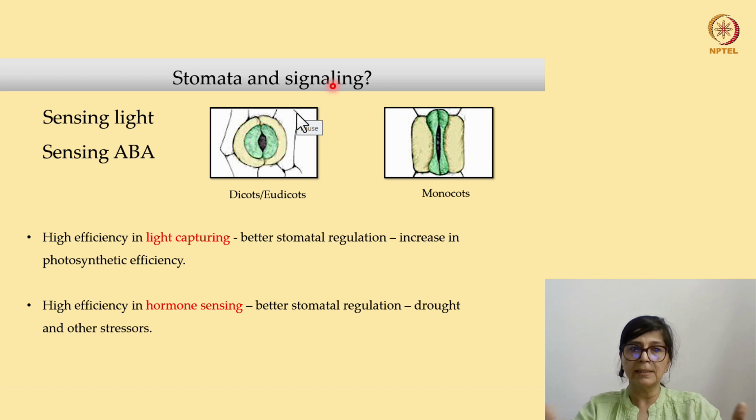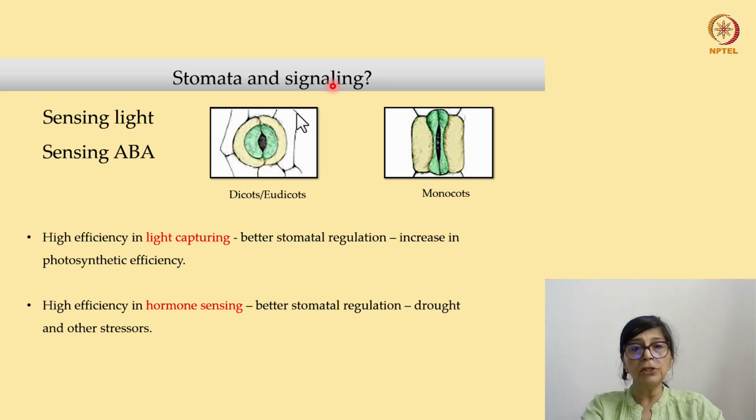When it first senses drought, ABA is transported to the leaves. Stomata immediately pick up that signal and close. Okay, so here is drought on the ground, we don't want to lose any more water, let's shut down. So they are very good in hormonal signaling as well as carbon dioxide and light signaling, most importantly light signaling.